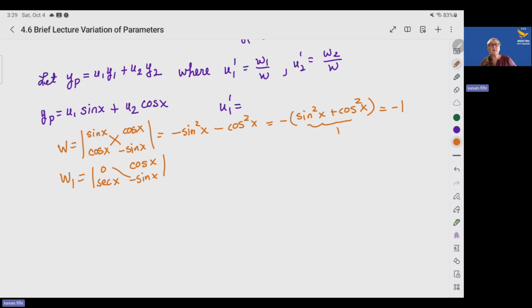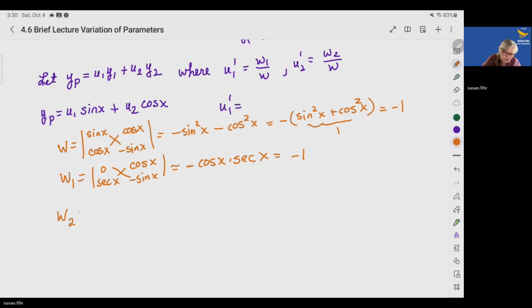So my 0 times negative sine x is going to be 0, and I'm just going to get minus cosine x times secant x. Now, cosine and secant are reciprocals of each other, and so they'll cancel out to give me 1, and then I have the negative in front to give me negative 1. So w1 is negative 1.